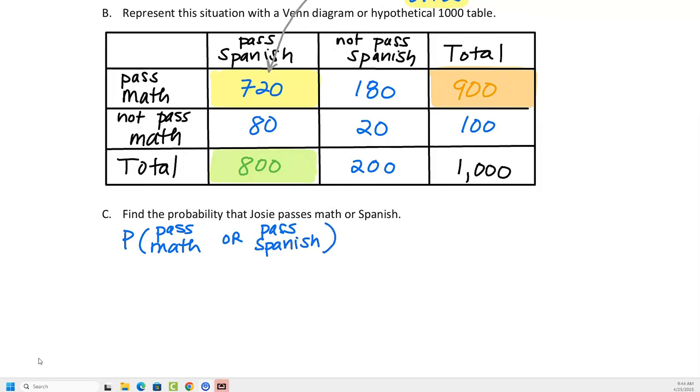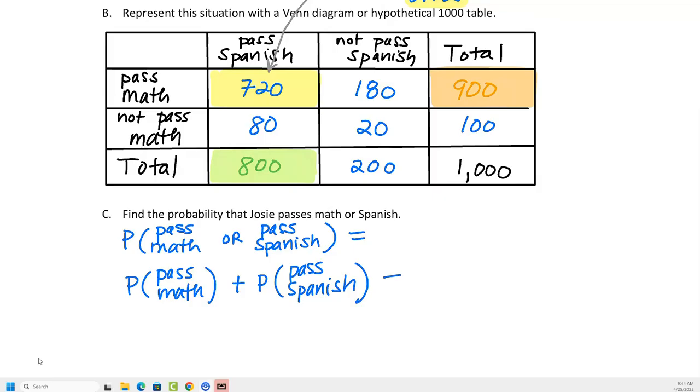Well, we know that the formula is going to be the probability that she passes math, and we're going to add that to the probability that you pass Spanish, and then we have to subtract where they overlap. This is the probability of pass math and pass Spanish.